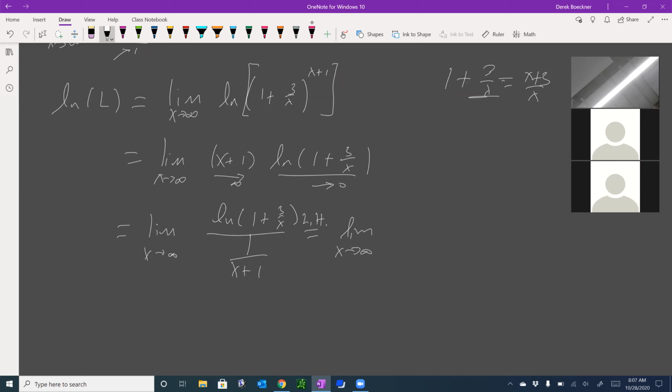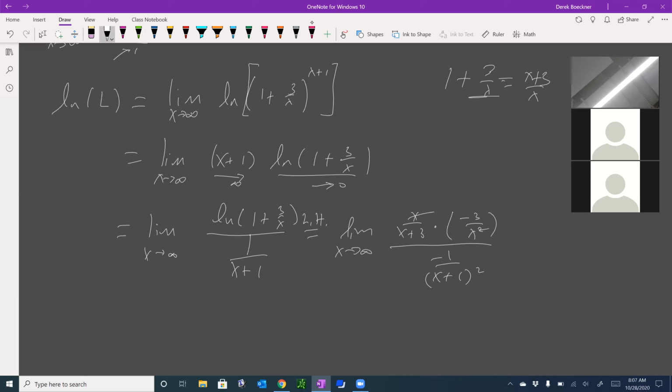One over the 1 plus 3 over x is equal to x over x plus 3. And then I have to multiply by the derivative of that, which is minus 3 over x squared. Good. And then L'Hopital's rule on the bottom, that's a minus 1 over x plus 1 squared.